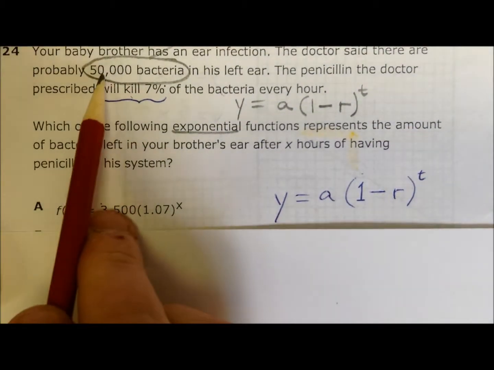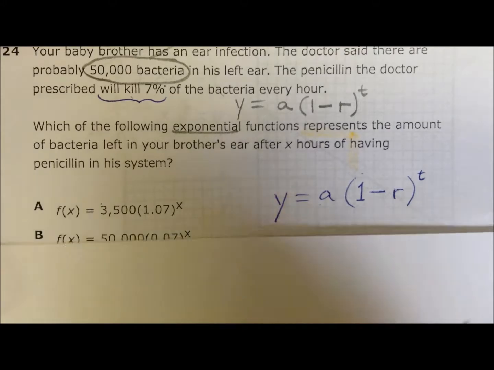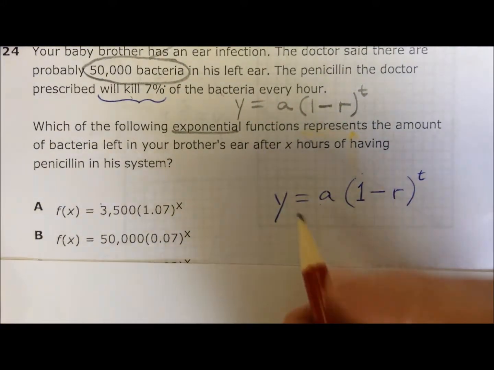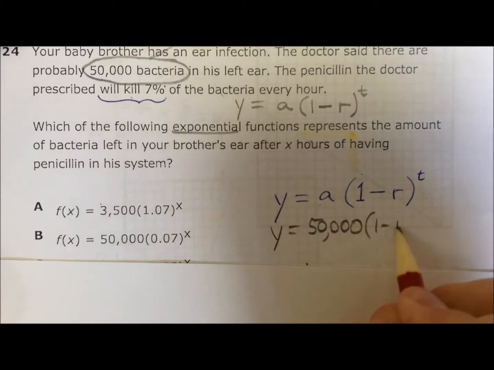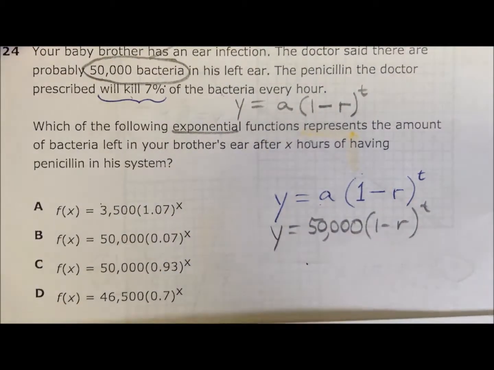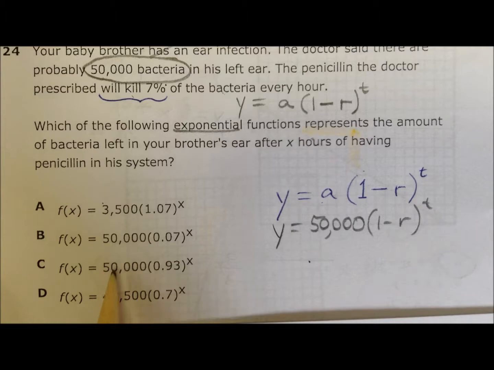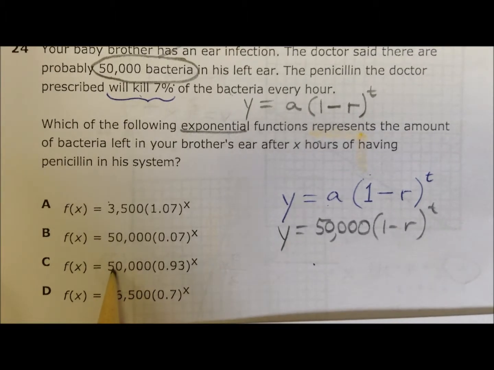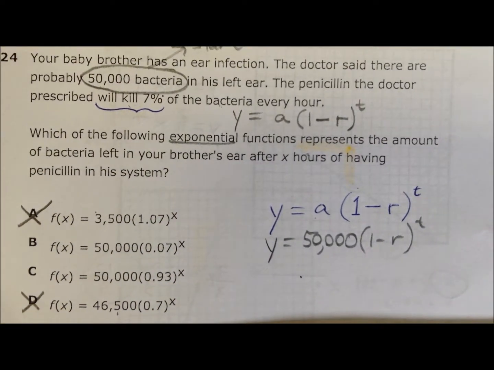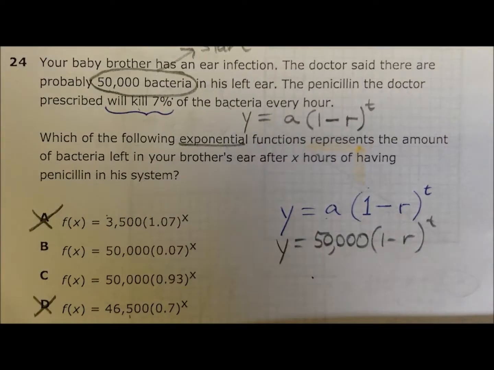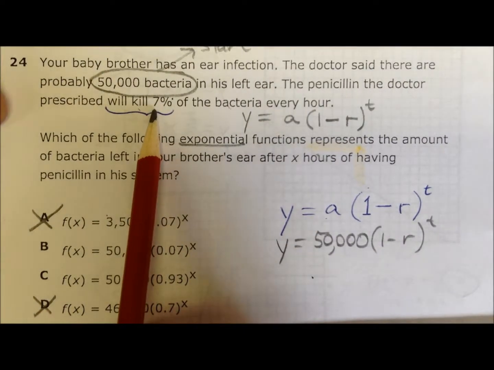So we need something that has a starting amount right here of 50,000. All right, so right away we can see that these two guys are the only ones that have 50,000 in them. So because that's not 50,000 and that's not 50,000, A and D go away. And here we go. Are we going to use that?